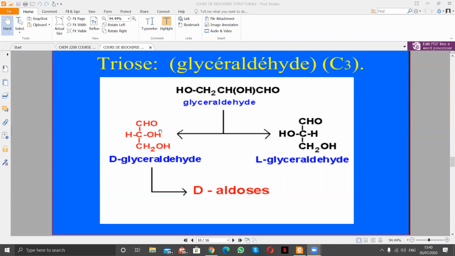And when the carbon asymmetry or hydroxyl functional group is at your right hand side, we put the prefix D. D-glyceraldehyde. When the hydroxyl functional group is at your left, we put L. L-glyceraldehyde.